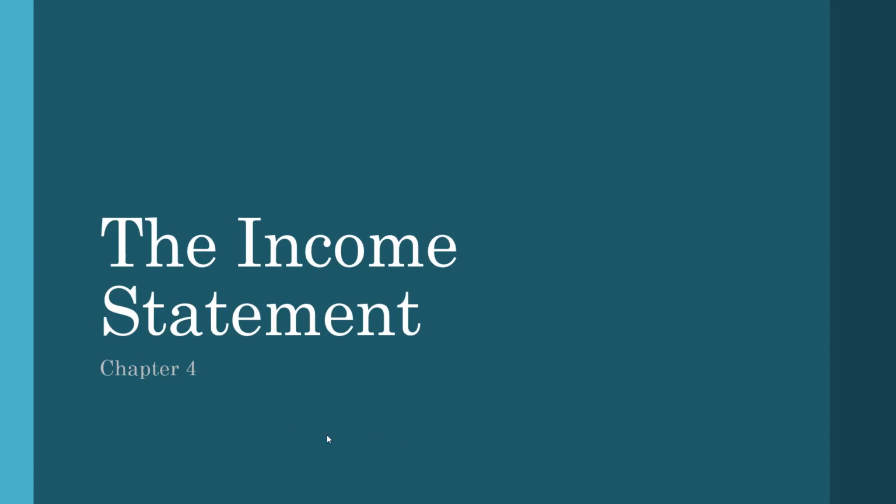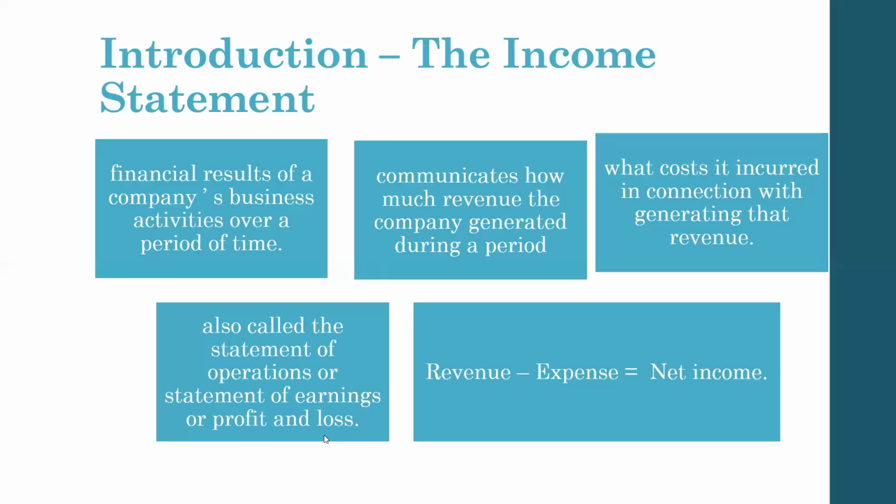So we're looking at the income statement, and we know the income statement is that statement that tells the company's financial performance. It gives us the financial results of the company's business activities over a period of time. The business activities are what the company is about, what they opened business to do.